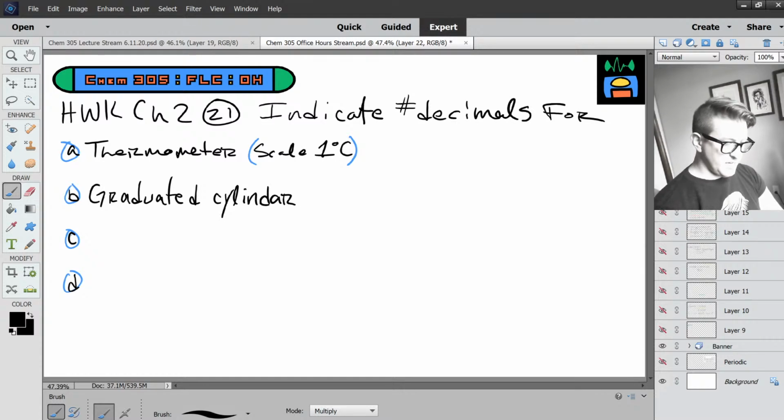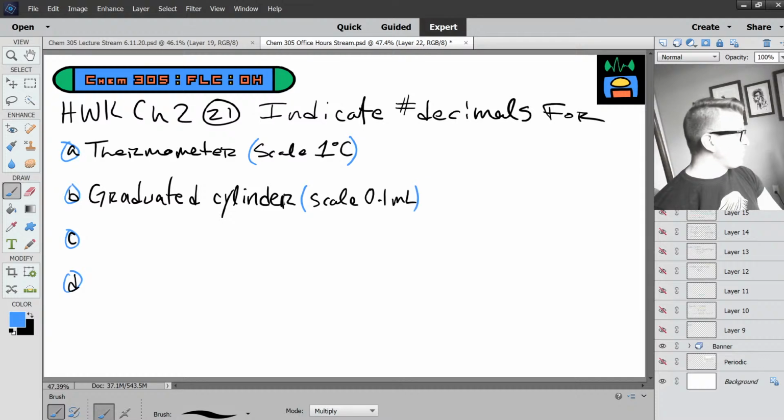It's a cylinder. Graduated cylinder with the smallest markings. So the scale here is 0.1 milliliter. C, volume.